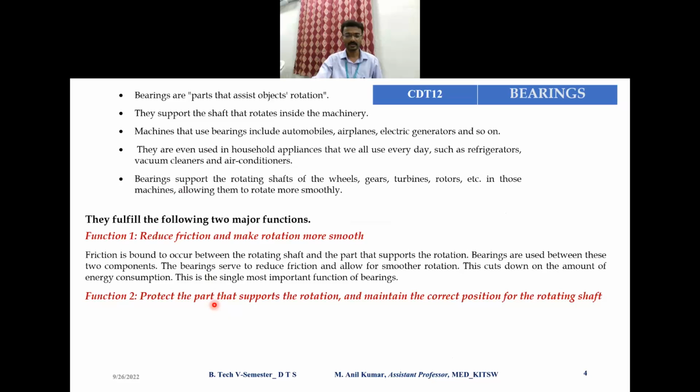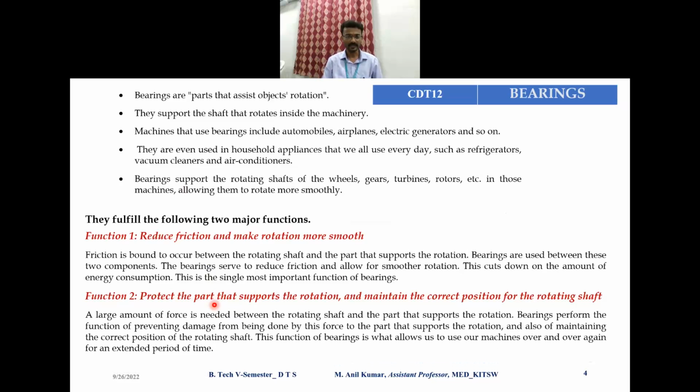Then coming to the next, protecting the part and supporting the rotation. A large amount of force is present between the rotating shaft and the part that supports the rotation. The function is preventing damage from the forces acting on the parts and the supports of rotation, and maintaining the correct position of the rotating shaft.